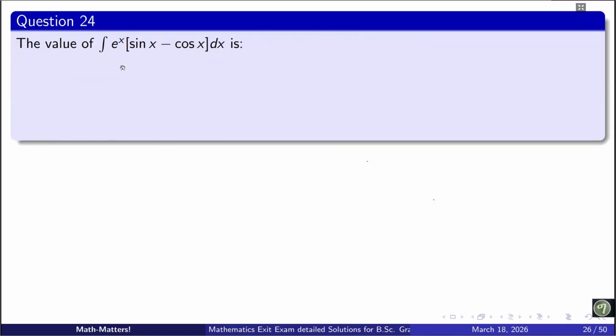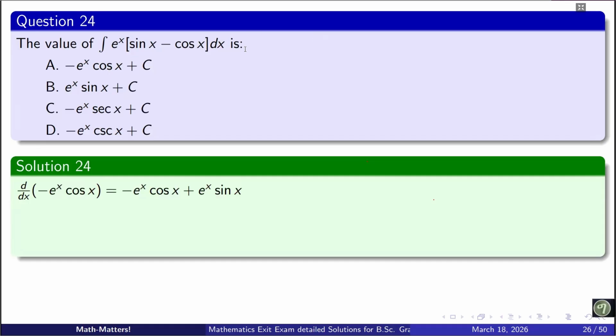Next, the value of the integral of e to the power of x times (sine x minus cosine of x) dx is this one. So let us take this option, that is, the derivative of minus e to the power of x cosine of x.